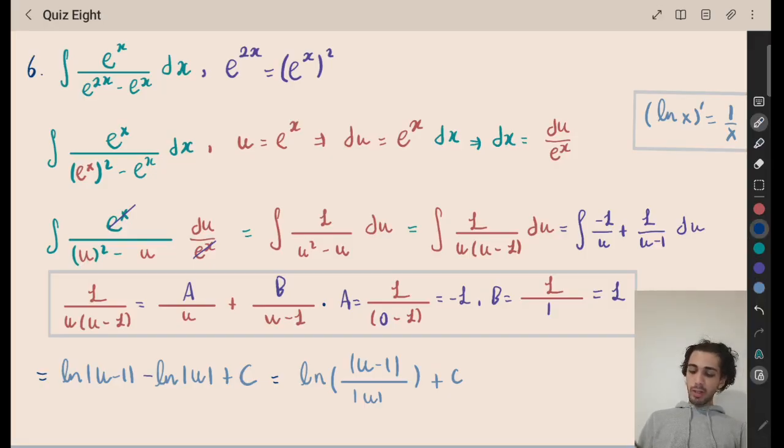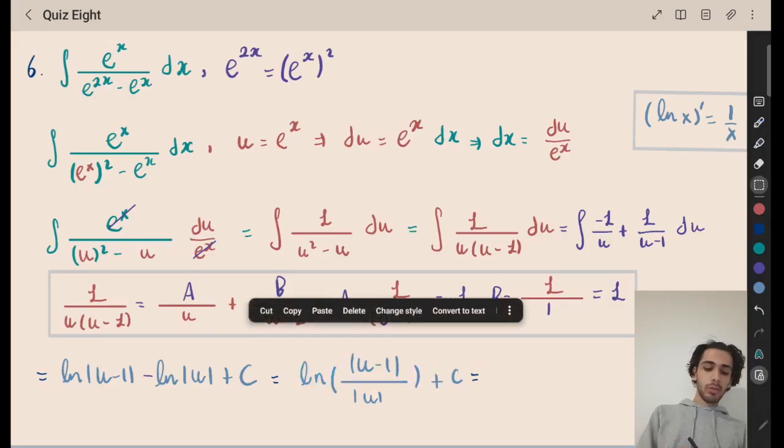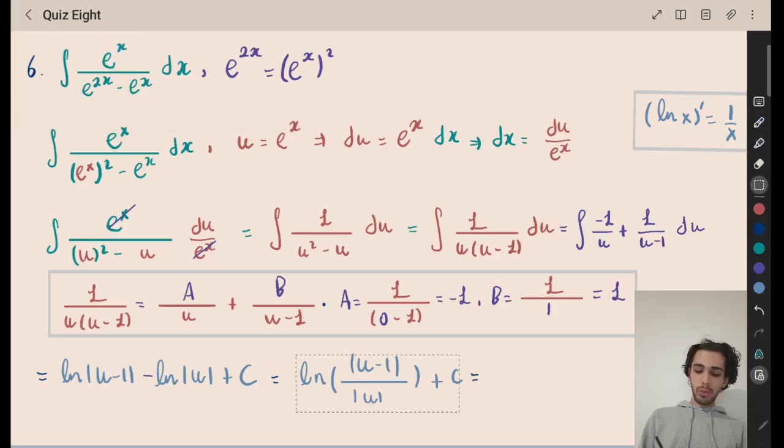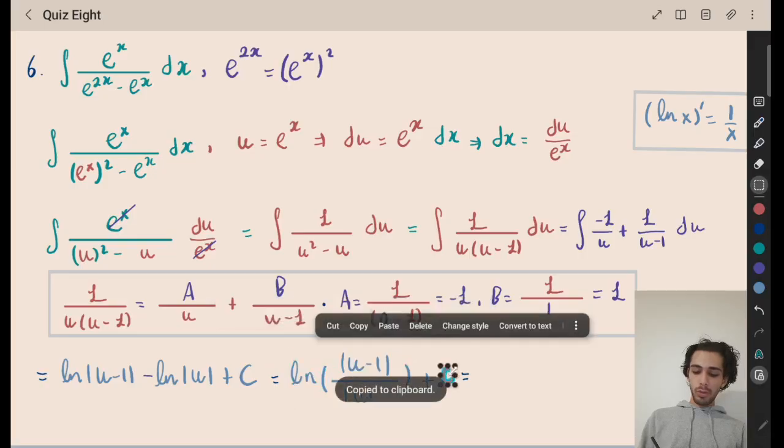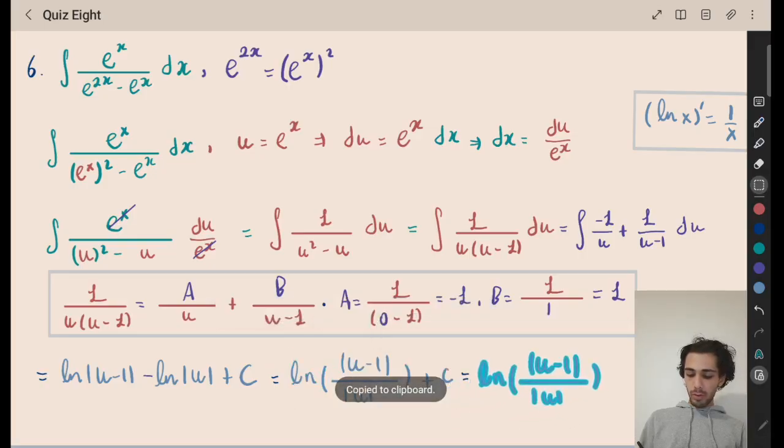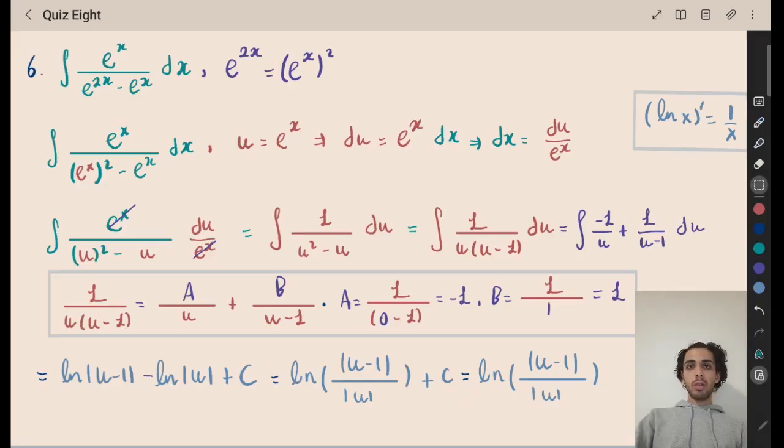But then we're still not done yet, because our original integral was in terms of e to the x, it wasn't in terms of u. So what was the original value for u? Yeah, exactly, it was e to the x. So it's e to the x in the absolute value.